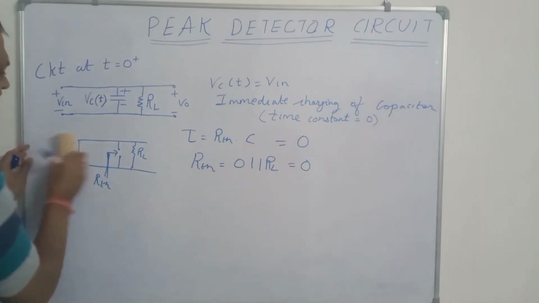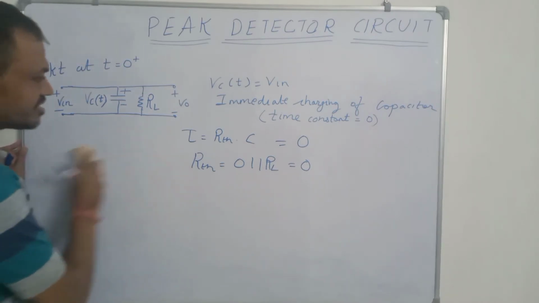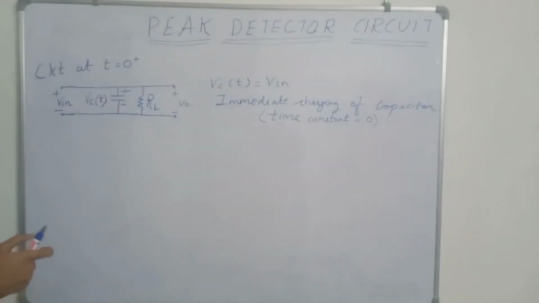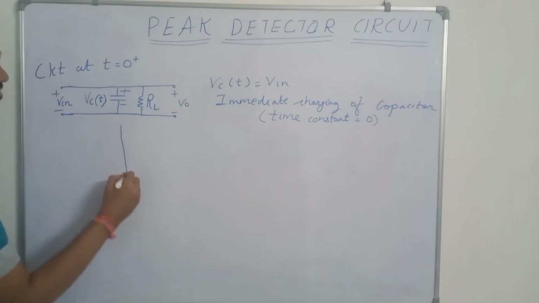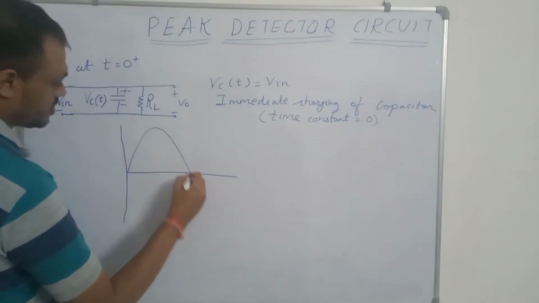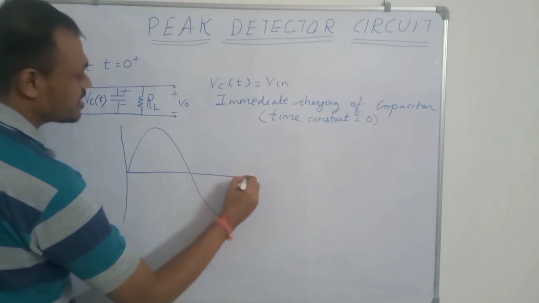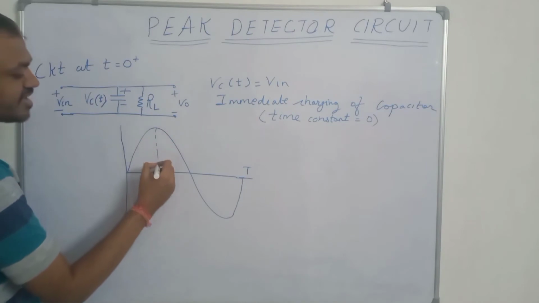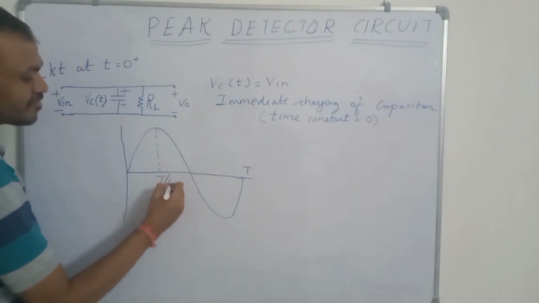Now as Vin increases up to Vth, if we look at the waveform of input voltage, suppose that this whole waveform is for time duration T. Then Vin will increase up to time T by 4.